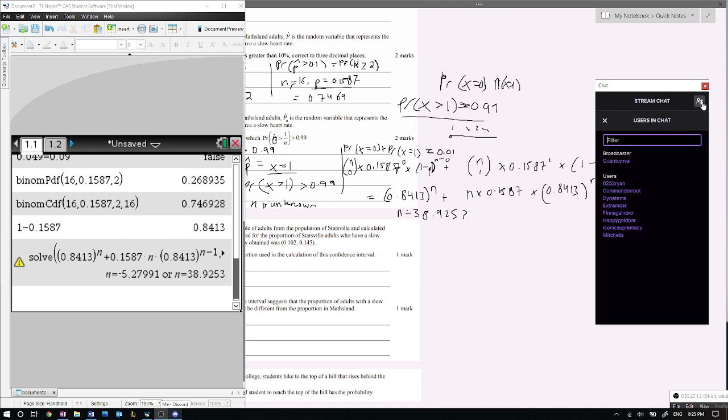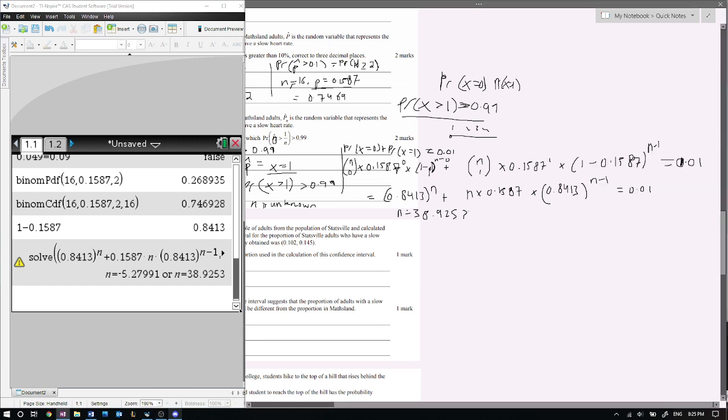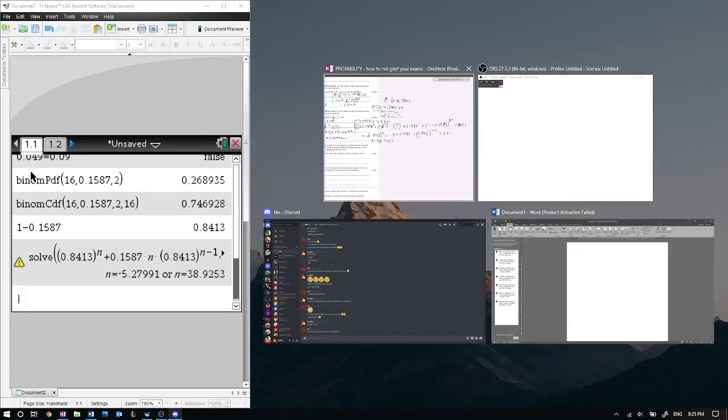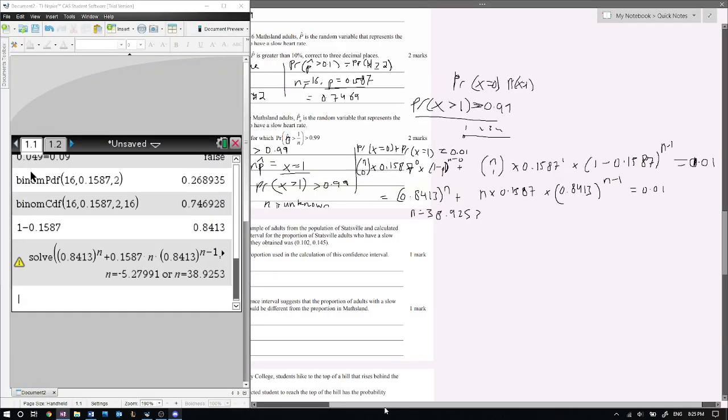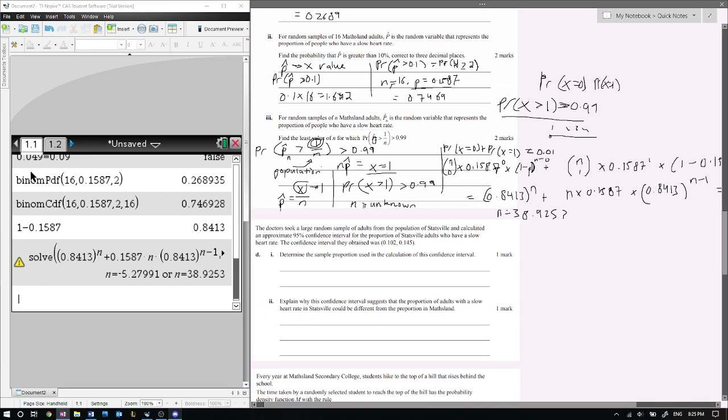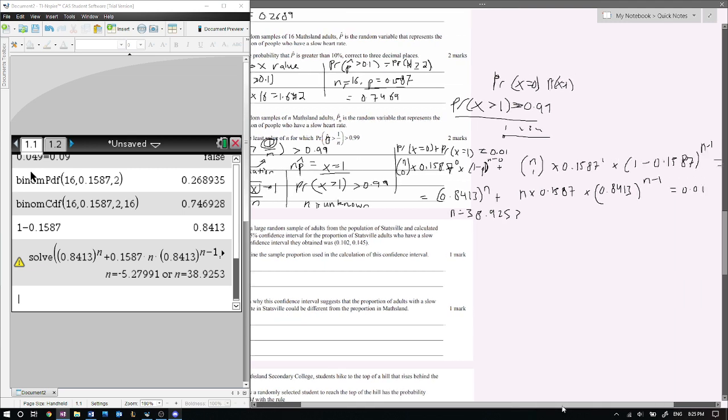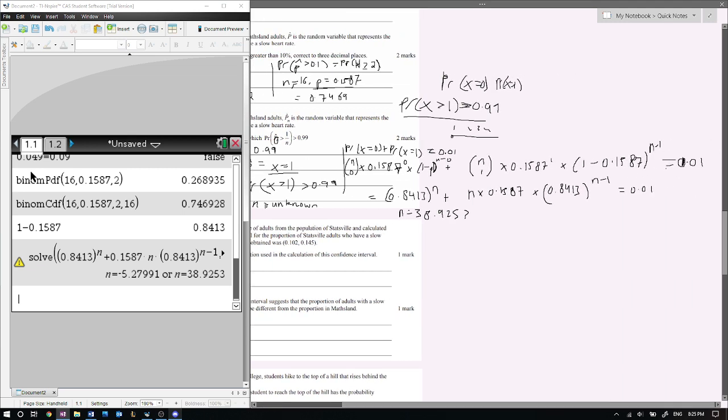So originally you're trying to find the, hold on, bear with me. So you're trying to find the least value of n for which the proportion is bigger than 0.99. And here, when we let it equal 0.01, it was really just for the ease of solving this.